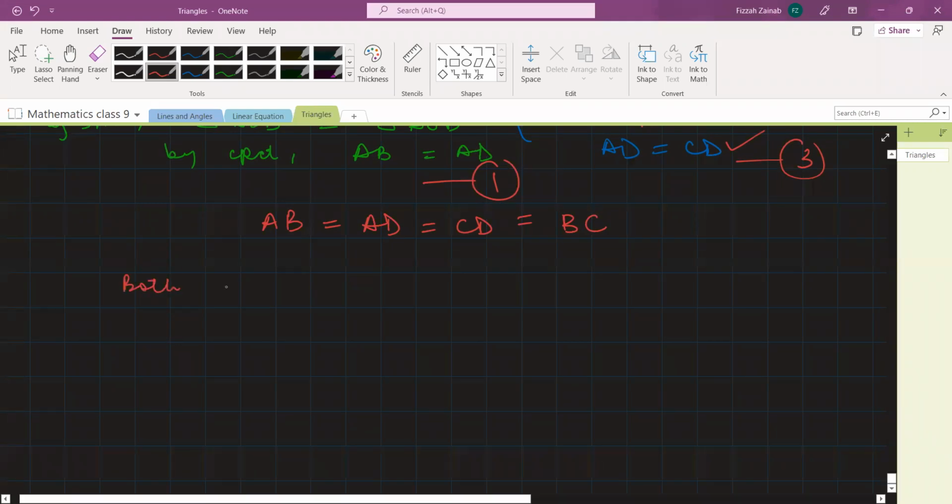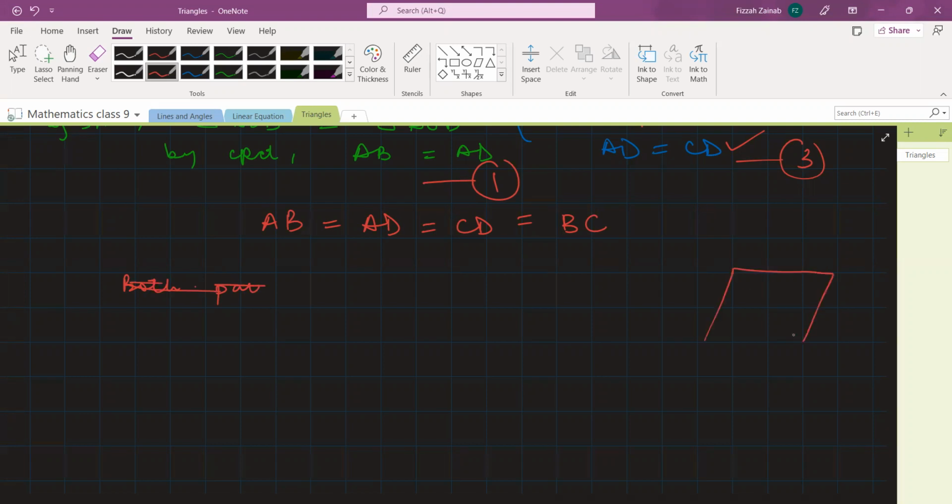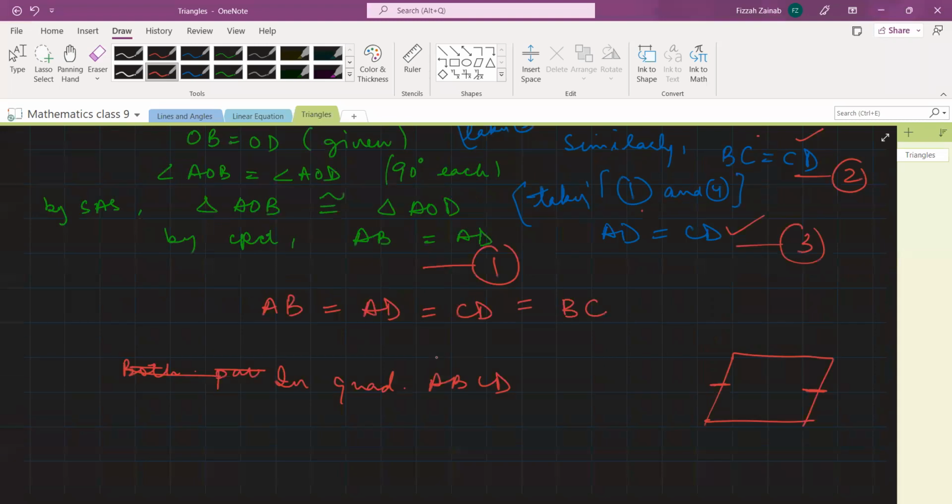So we write that first of all, you see here in this figure, all the sides are equal. That means the opposite sides are also equal, right? So in quadrilateral ABCD, how I named it?